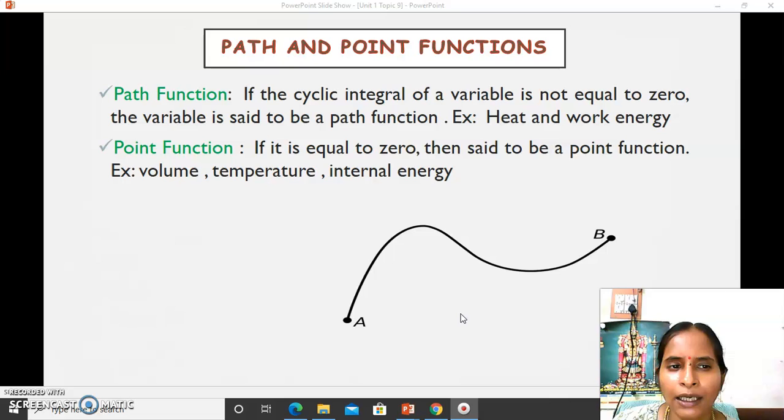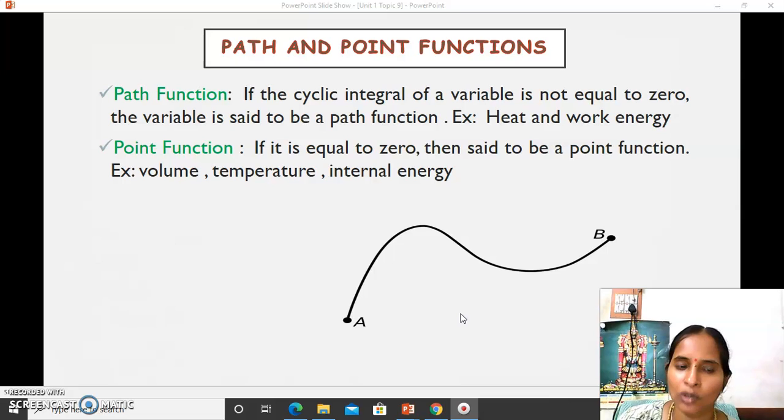They only follow the path in which that particular process takes place. They don't mind the end states. There is no particular end state for them. Instead, you can tell the difference between the two states, what happened to work, what happened to heat.